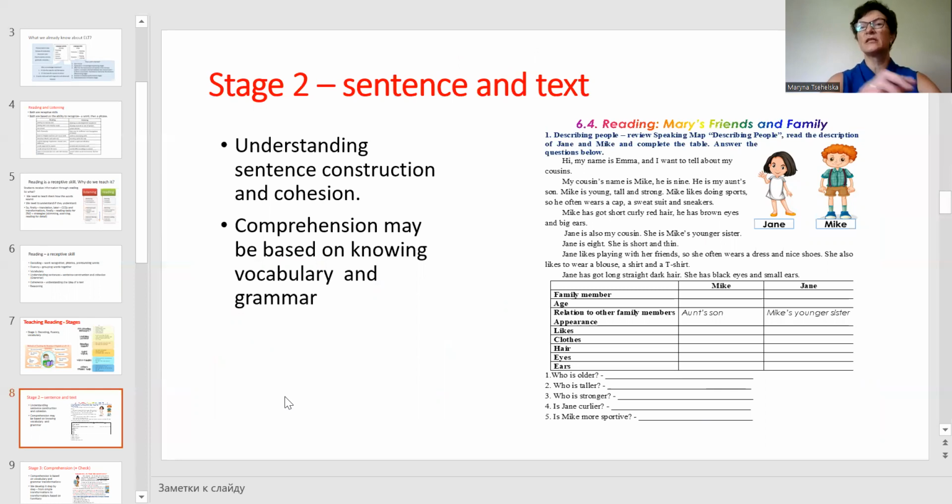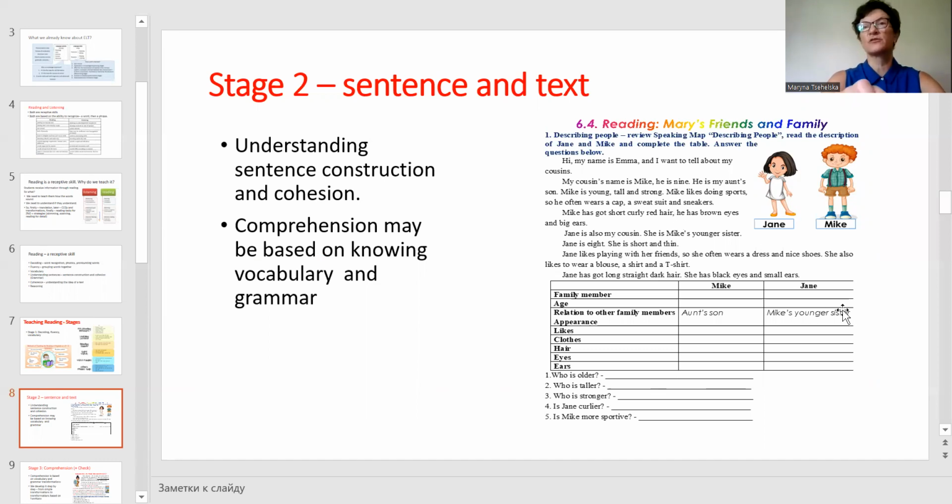So at the certain stage, we start checking our students' comprehension. So comprehension is checked with the help as the same as in listening. We can check comprehension with the help of pictures and translation at the very beginning, but then there is no need to do it because you can check comprehension with transformations.